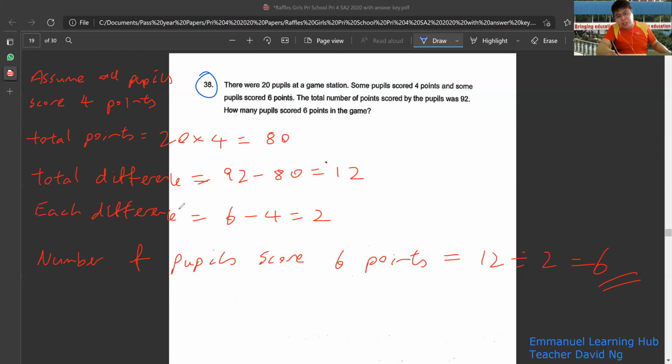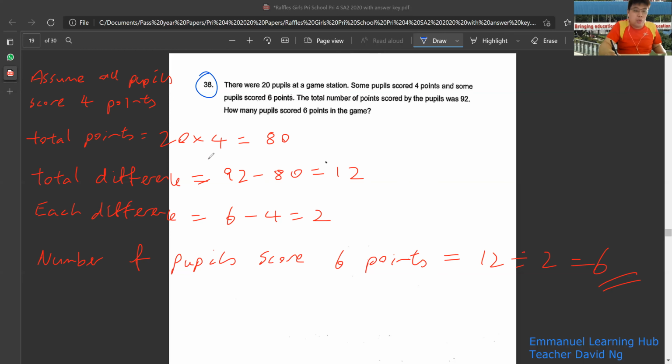The concept of total difference and each difference, you have to understand. This assumption method, because in reality, not everyone scores 4 points, but you're assuming everybody scores 4 points. In reality, they score 92.